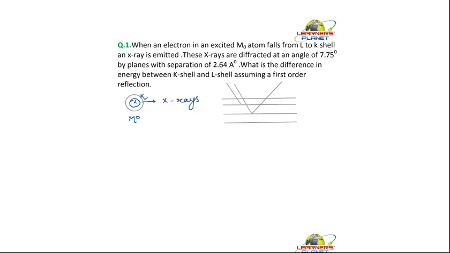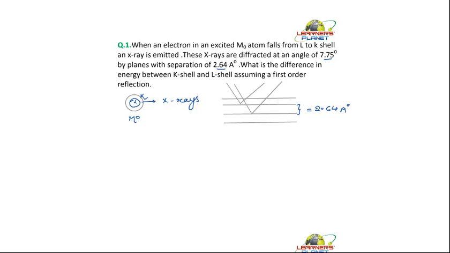They get deflected by a particular angle, right? Now that angle is given to you, this angle is 7.75 degrees, and the distance between the two planes is equal to 2.64 angstrom. And this angle of deflection is 7.75.